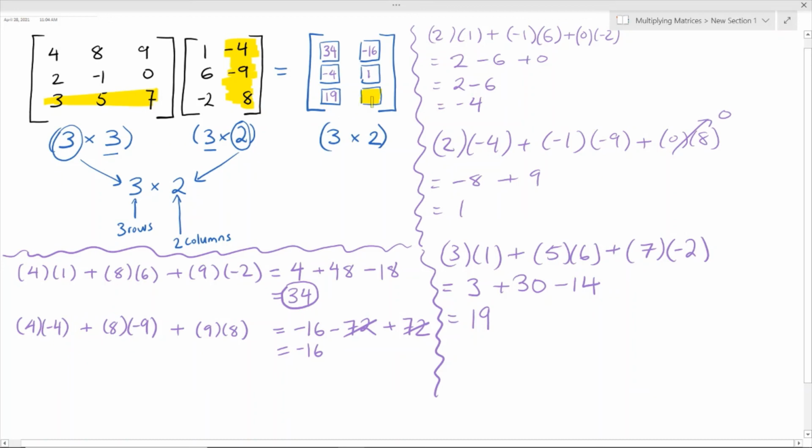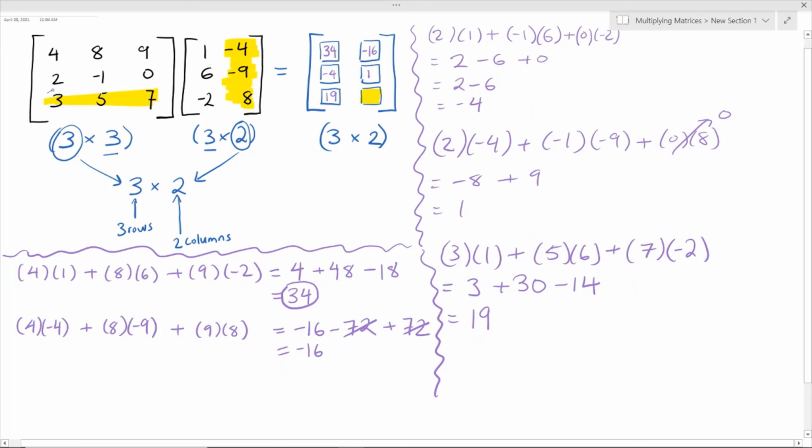Because this box is in the third row of the resulting matrix and the second column of the resulting matrix, we use the third row of the first matrix and the second column of the second matrix. So we need to take these entries and multiply them together.